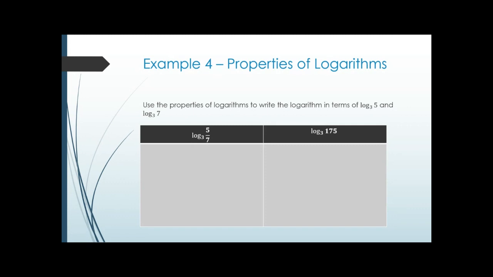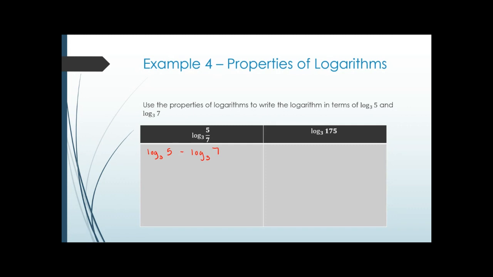So looking at this first example, we have log base 3 of 5 over 7. So we're going to use the property where we have a division here. We have a fraction, so that's going to turn into subtraction. So this would be the log base 3 of 5 minus log base 3 of 7. So it's always the top minus the bottom.